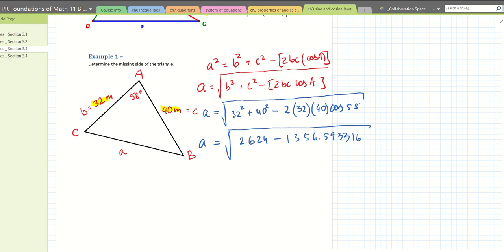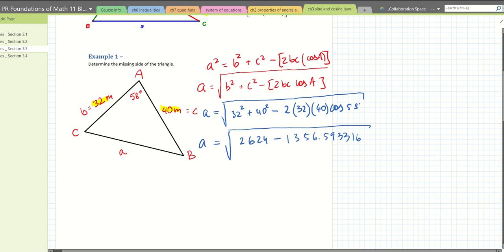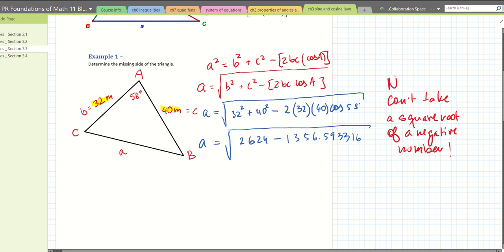So this is a good place to check whether you're getting a positive or negative number inside your square root, because remember, you can't take a square root of a negative number. So just as a precaution, it's a good way to check whether you're doing your work right or wrong. In this case, I know I'm going to end up with a positive because this number is bigger than that one.